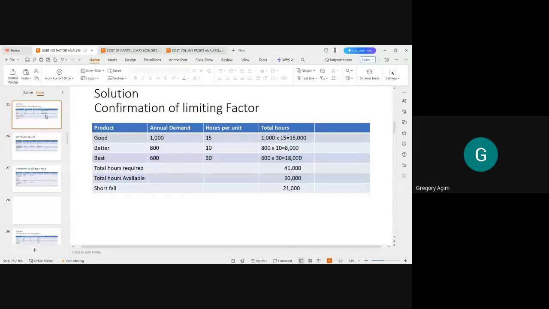Where is the question? This was the question we saw right before we moved to that one. So now, to get our contribution, in this case, they've already given us our contribution per unit directly.